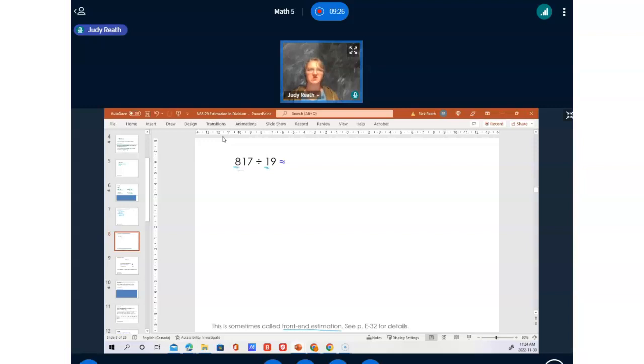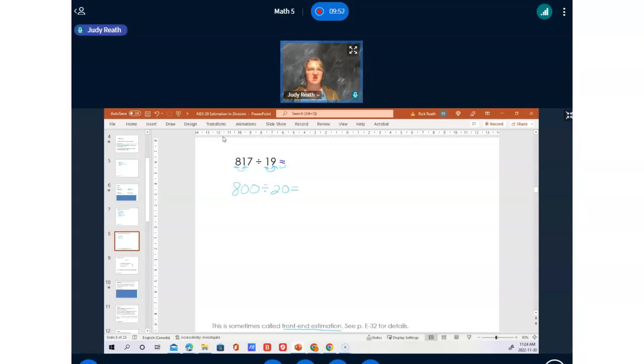So this one, from the hundreds, the tens is a 1, so this would stay at 800. But for this one, in the tens we have a 1, and in the ones we have a 9. So we would round it up. So 800 divided by 20, and again we would use the equal sign, not the approximately equal, because we're doing the exact division.